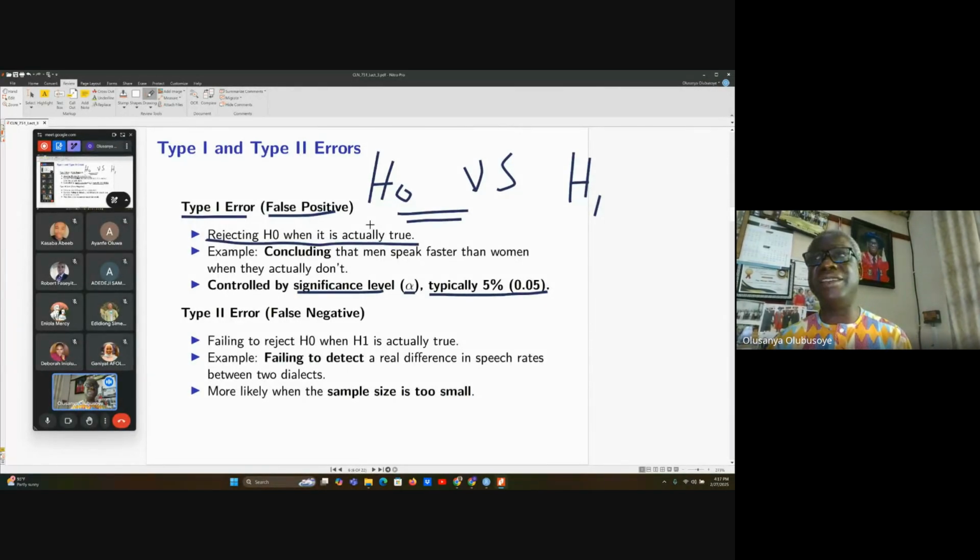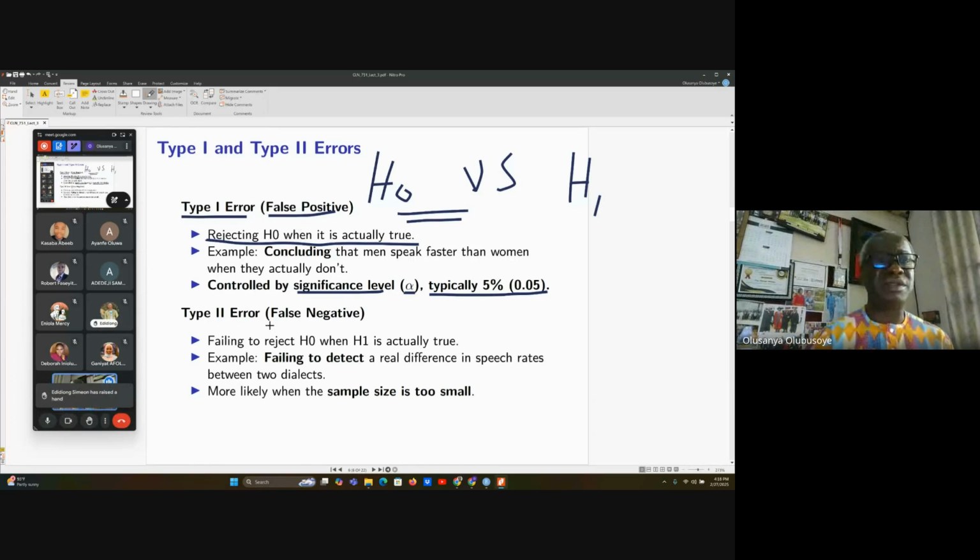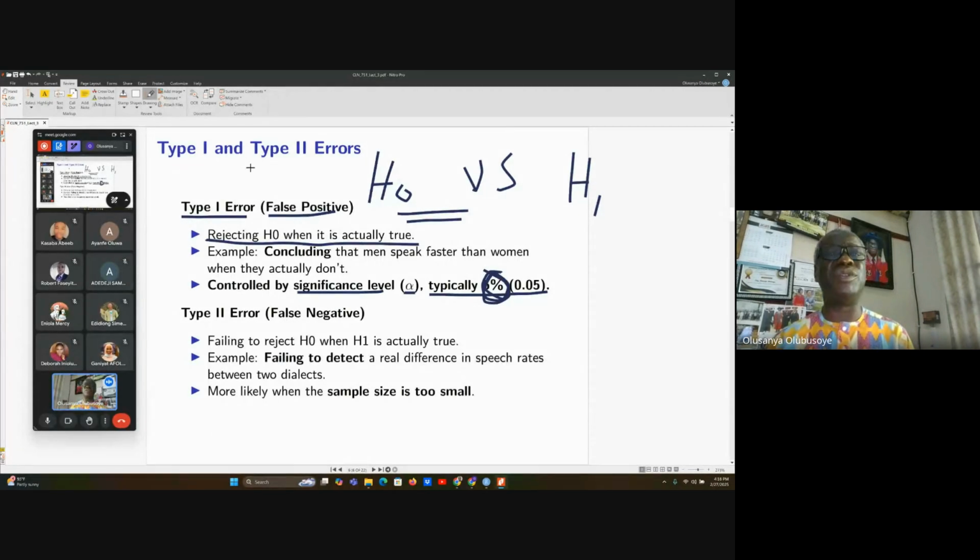So correct there is positive, then rejecting it is the false that we are talking about. So type 1 error is also referred to as false positive, and it is an error that we usually don't want to commit. And that's why the chance is assumed to be very, very small.